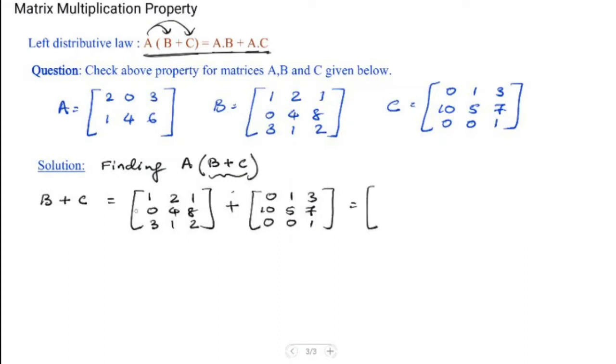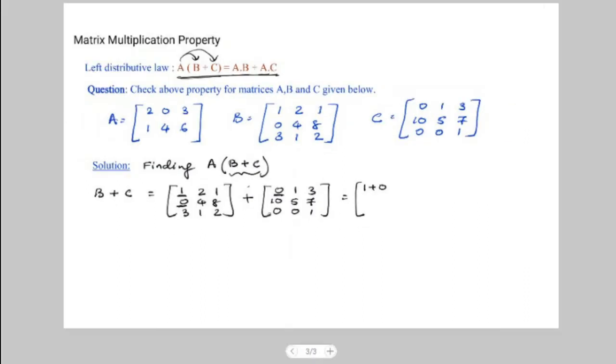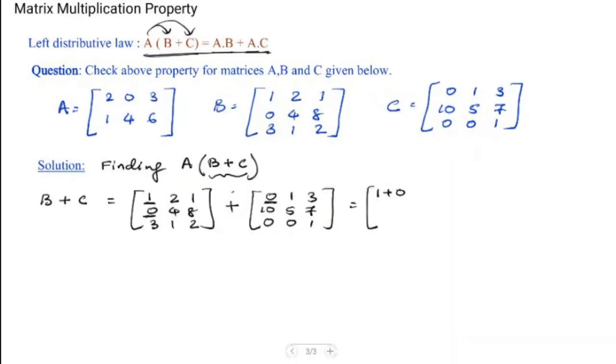So each element in matrix B will be added to each element in matrix C. Therefore, the first element here will be added to the first element here, so it will be 1 plus 0. And then the second row, first column element, that's B21 plus C21, so that's 0 plus 10.